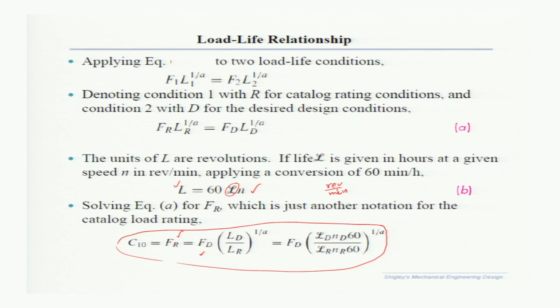So we have the rated load related to the desired load with the desired life and the desired RPM multiplied by 60, divided by the rated life, the rated RPM multiplied by 60, to the power 1 by a.